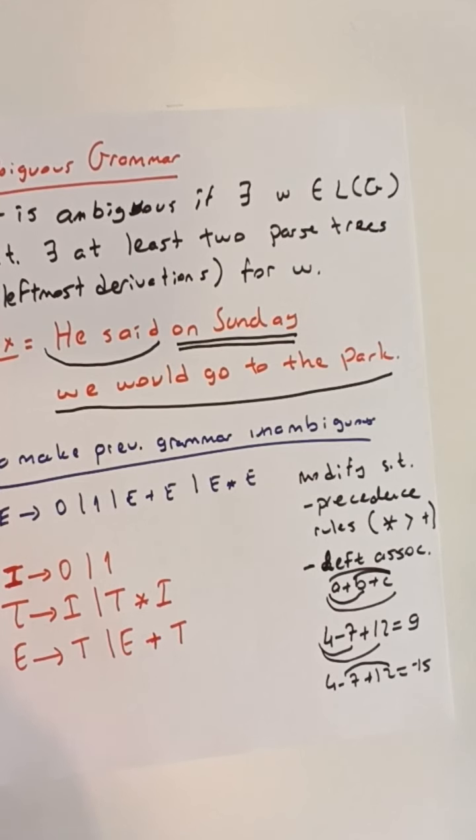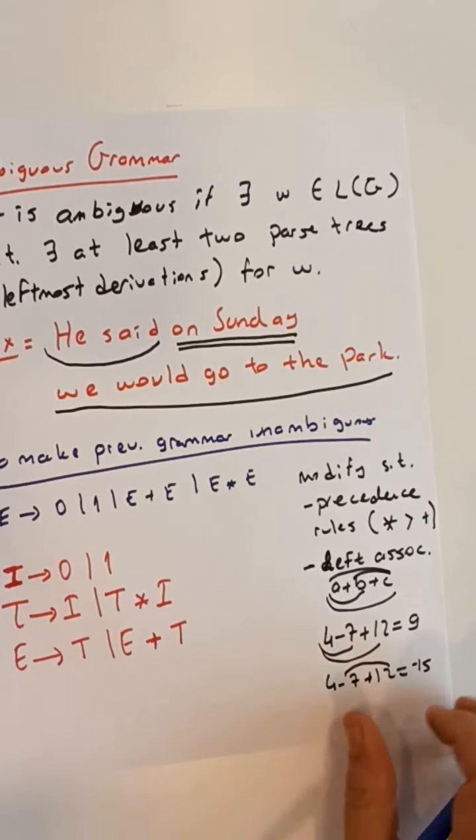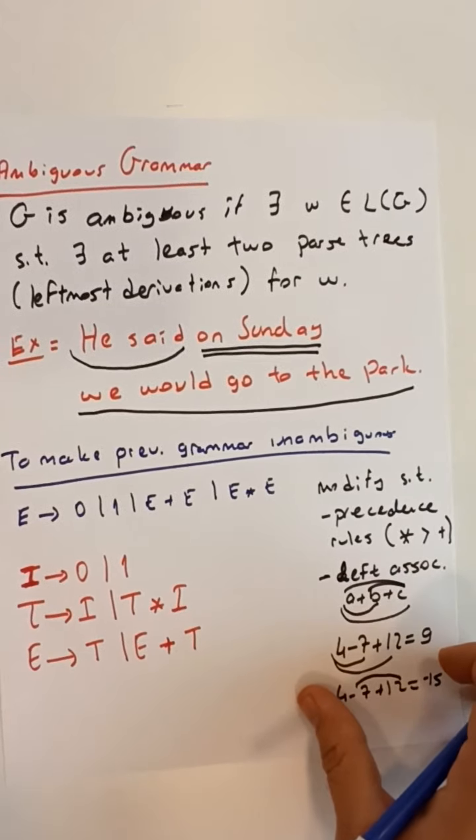Let's take this grammar and try to see the derivation of the strings in our previous grammar. So let's rewrite our unambiguous grammar.